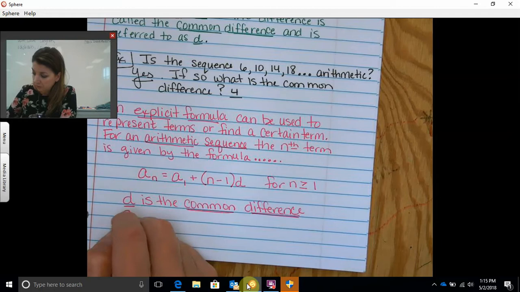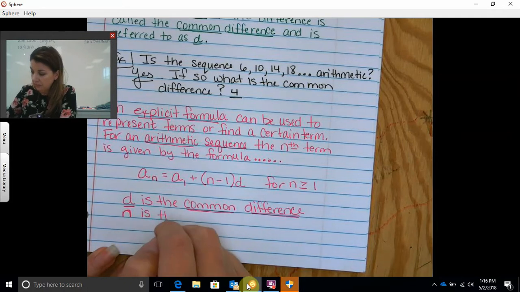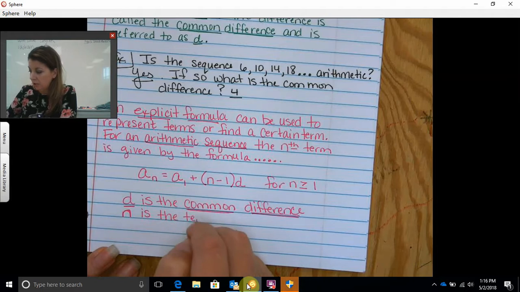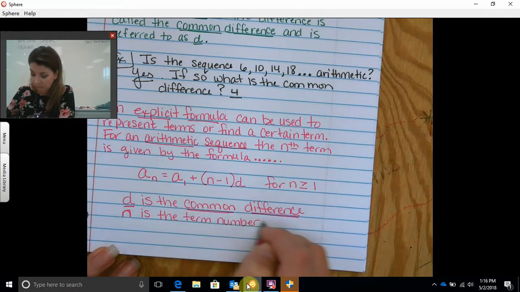N is the term number you are asked to find.